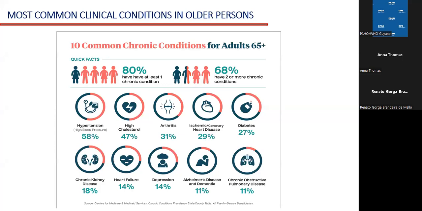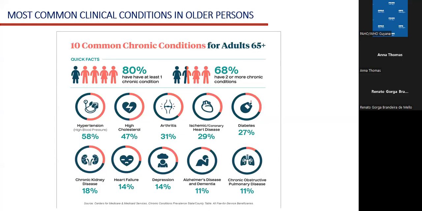High cholesterol can be found in 47% of older adults. Arthritis, 31%, ischemic coronary heart disease, almost 30%, diabetes, 27%, much more prevalent than in younger patients.